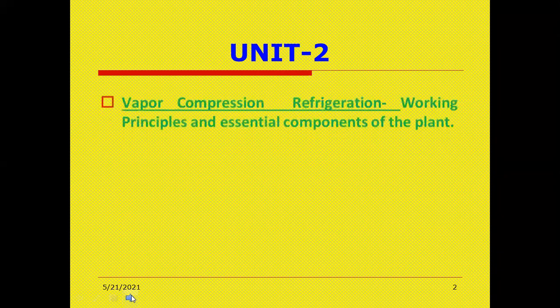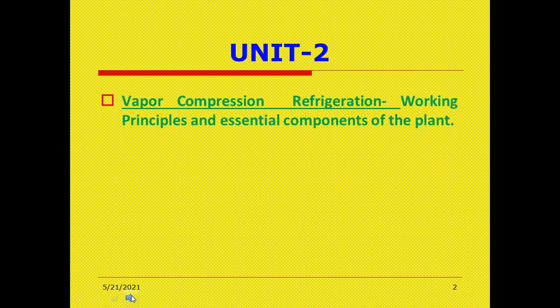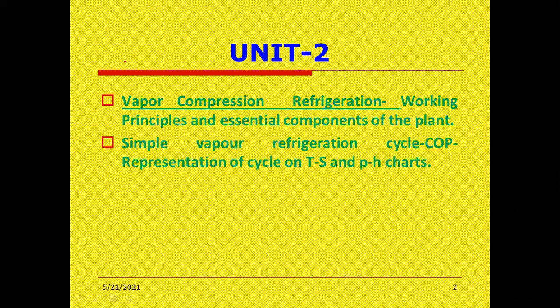In this Unit 2, we have a few topics to be discussed. What is a vapor compression refrigeration system? The working and principles of VCR and the essential components of the plant. Next, the simple vapor refrigeration cycle, the coefficient of performance, and representation of the cycle on TS and PH charts.